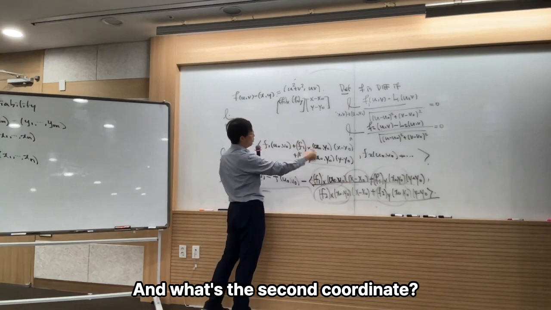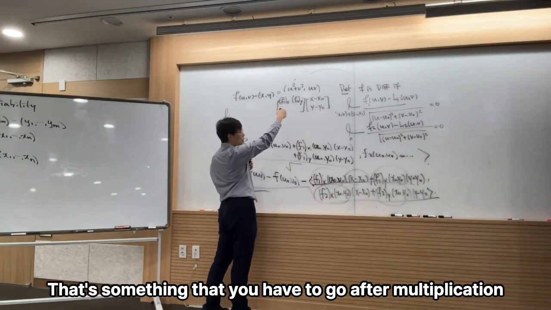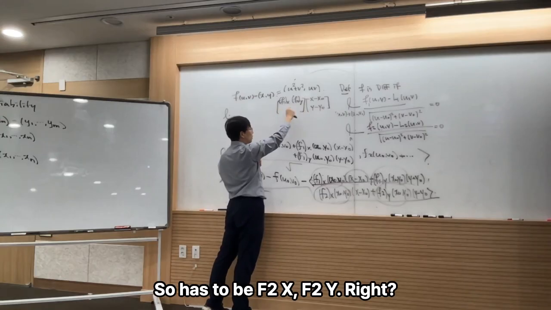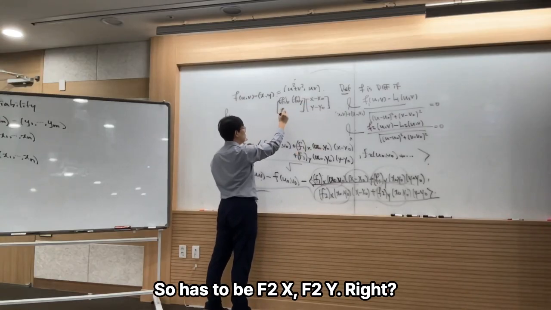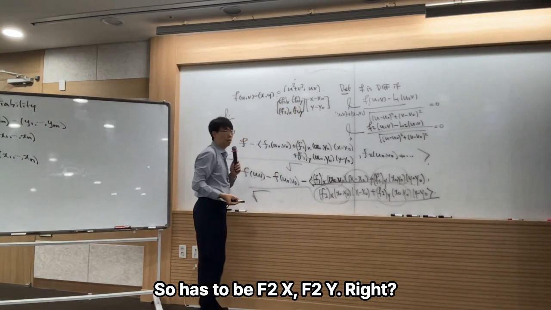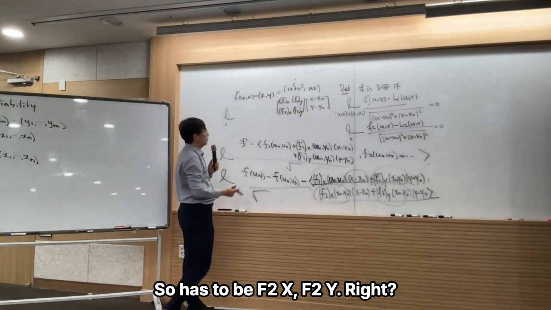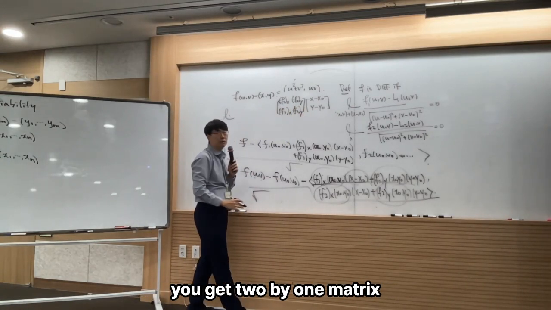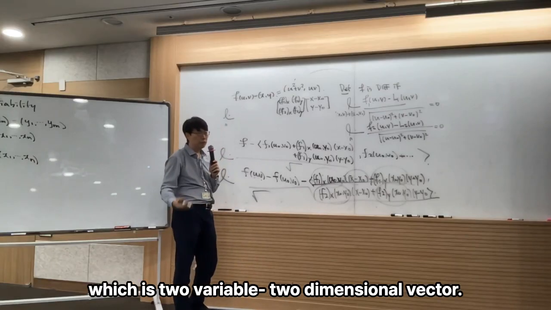And what's the second coordinate? That goes on the second row, so it has to be f2x, f2y. When you do the multiplication, this is 2 by 2, this is 2 by 1, you get a 2 by 1 matrix, which is a two-dimensional vector.